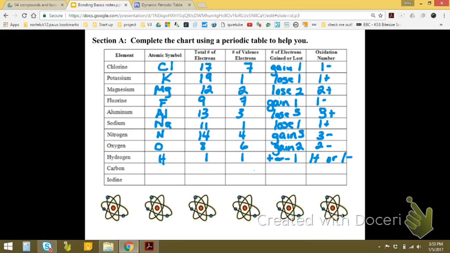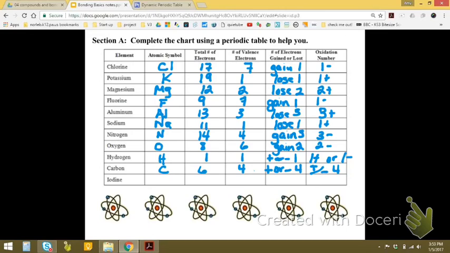That's a +1, not an H there. Our next is carbon. Carbon has 6 total electrons, 4 in its valence shell. It can either gain or lose 4. So it has either a positive or negative 4 charge.